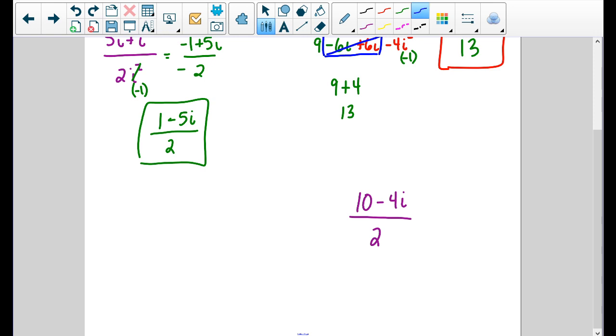So I'm going to take 10 divided by 2 and get 5, and 4 divided by 2 and get -2. So you can simplify that fraction then. So always double check it at the end. Is there a number that goes into all three? But it has to go into all three of them. So I'm dividing this by 2, by 2, and by 2. All three numbers have to be divisible by that same number, and we can simplify that.